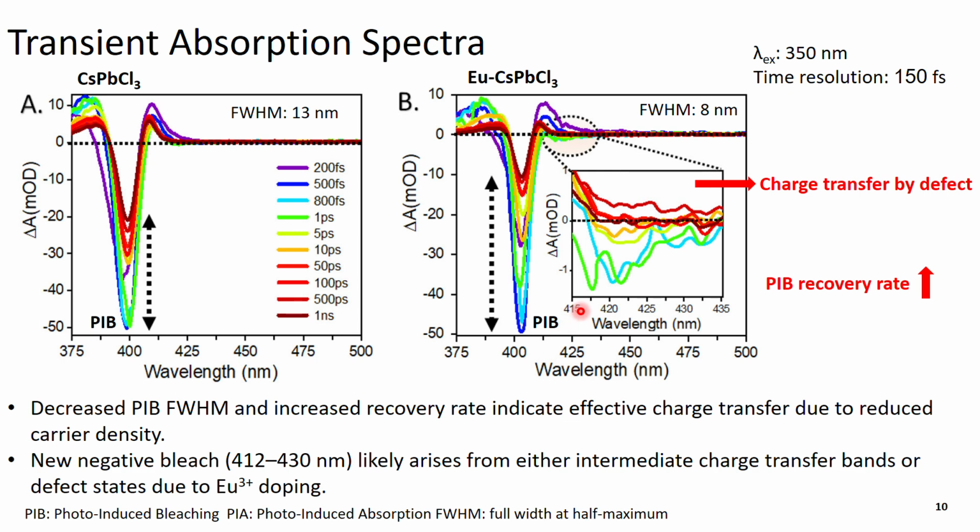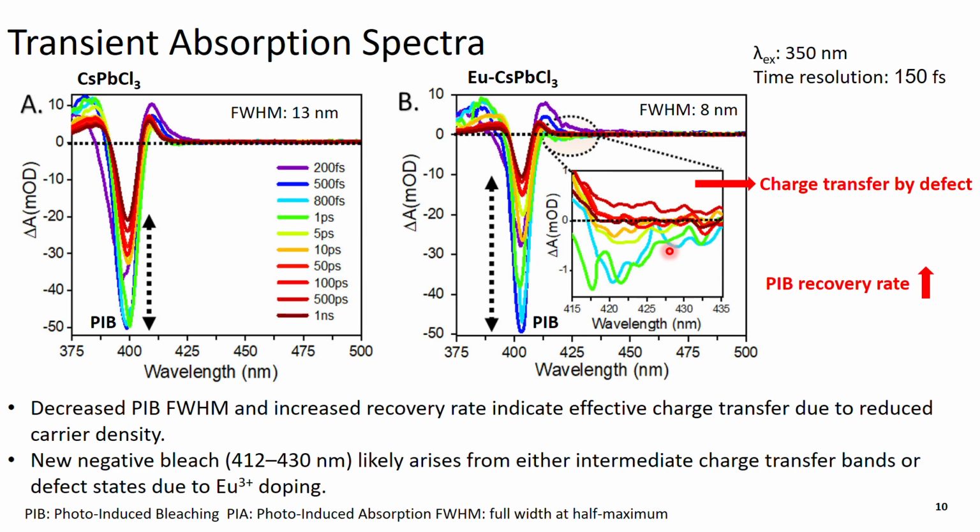And then we have a new negative absorption. It's from 412 nanometers to 430 nanometers. We can see it happened in the doped perovskite nanocrystal, but we will not see it in the undoped perovskite nanocrystal. And we say this is from either a formation of an intermediate charge transfer state or the presence of the defect state.